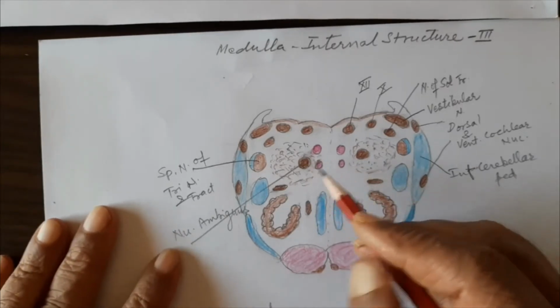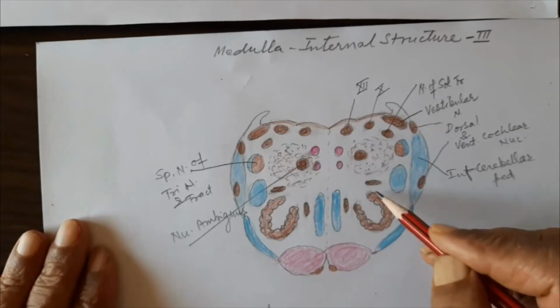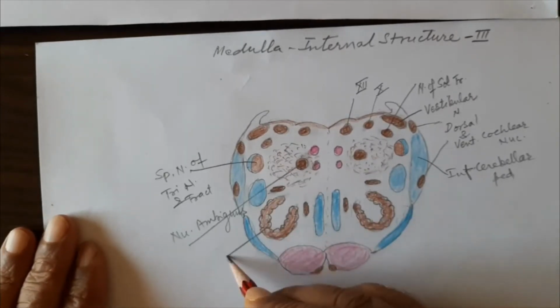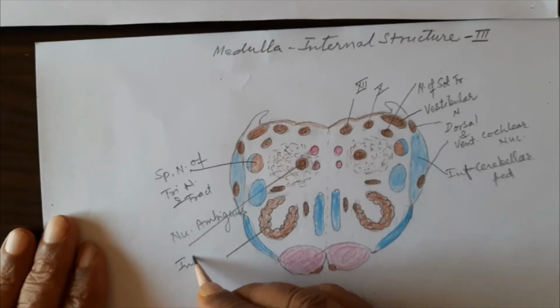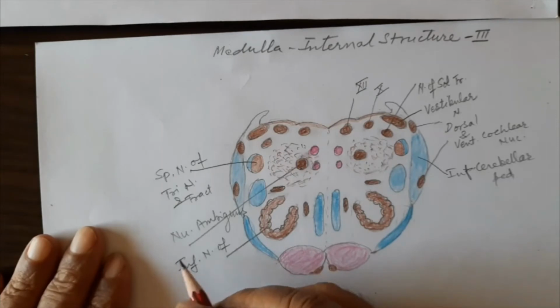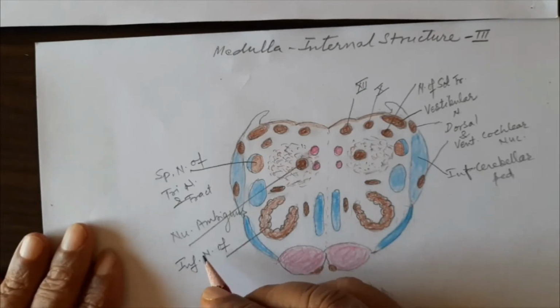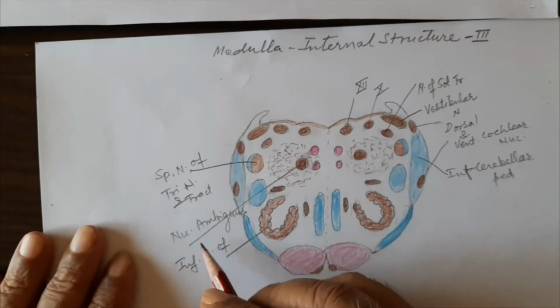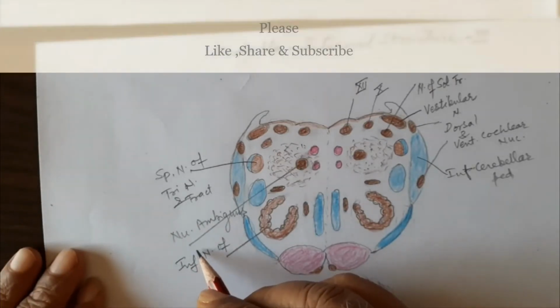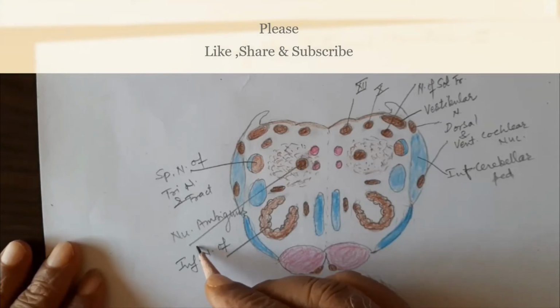A large nucleus which has appeared at this level is the inferior olivary nucleus, or you can just call it the olivary nucleus. The inferior olivary nucleus is here.